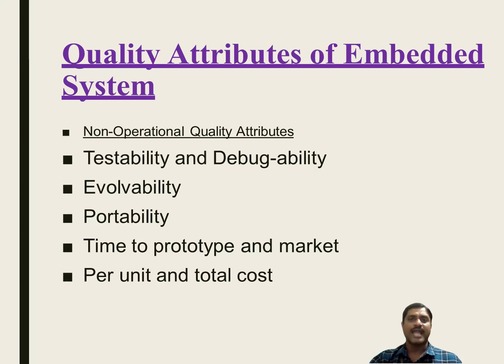So the ultimate aim of the product is to generate marginal profits. So the budget and total cost should be properly balanced to provide a marginal profit. Okay, these are the non-operational quality attributes.